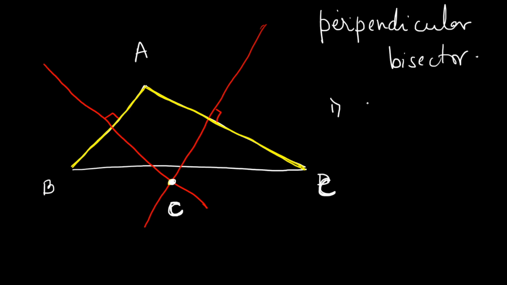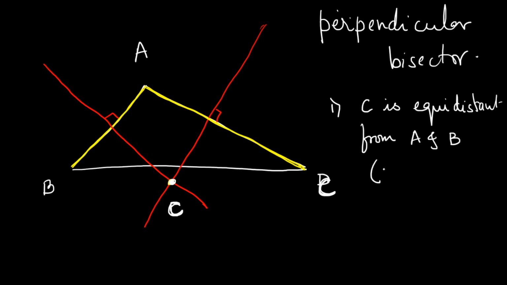The first is that C is equidistant from A and B, and the reason is that it lies on the perpendicular bisector of AB.